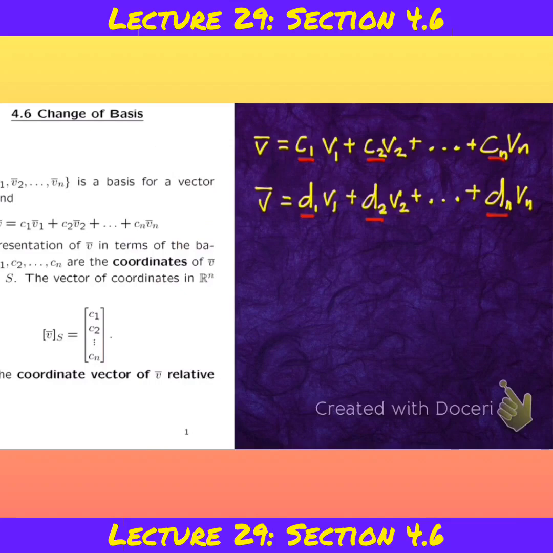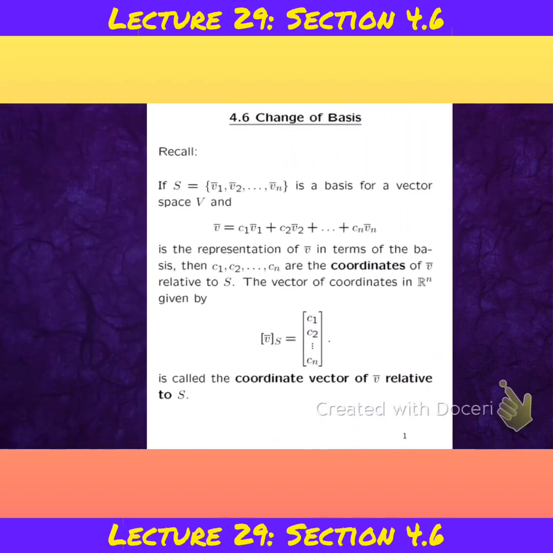So what is the coordinate vector with respect to a specific basis? What is that coordinate vector again? What's the definition? Right, the coordinate vector, given a specific representation, is given by the following. It's given by this vector here, which is basically the vector which has components that are derived from these coefficients.